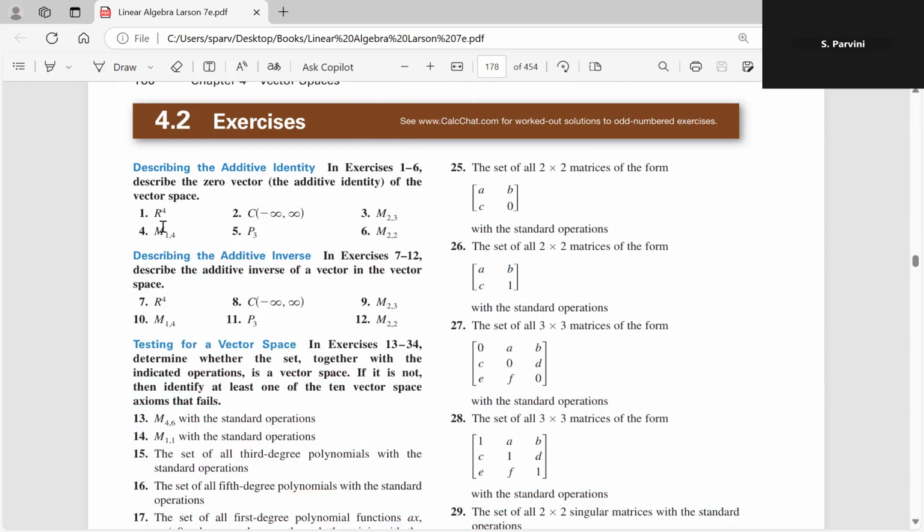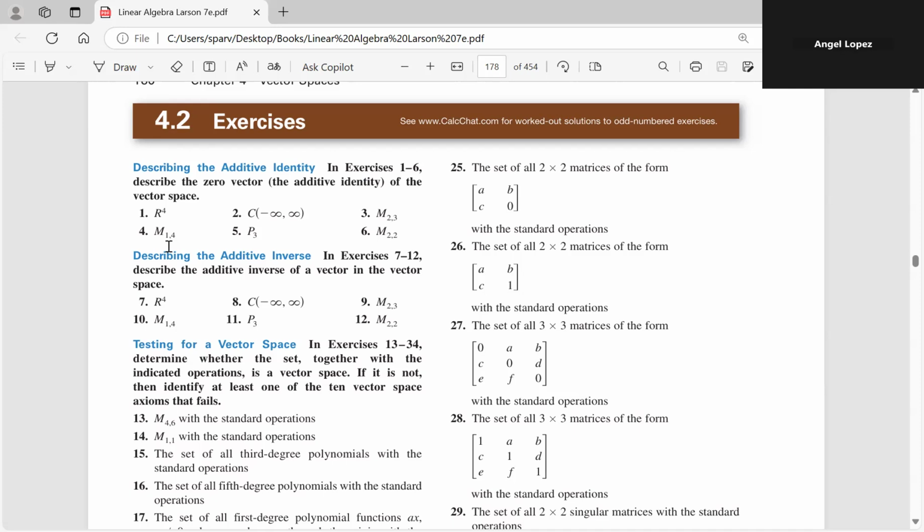M, remember, M is a matrix here. This is the set of all matrices that are 1 by 4. 1 means 1 row, 4 means 4 columns. So M 1,4, what is the 0 vector going to look like for this matrix? 1 row, 4 columns.